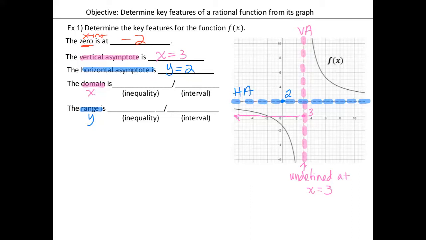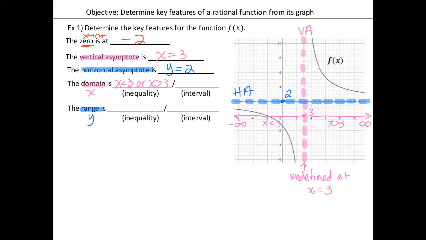All of those x values are less than 3. And then I also have this side of my x's, those x's are greater than 3. So for my domain, I write x is less than 3 or x is greater than 3. In interval notation, that's using the infinities. If I go forever to the left, that's negative infinity, and forever to the right is positive infinity.